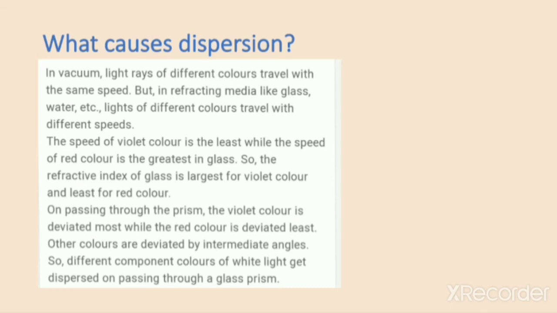Because of that, on passing through the prism, the violet color is deviated the most while the red color is deviated the least, and the other colors in between are deviated by intermediate angles. So different component colors of white light get dispersed on passing through a glass prism. This is the reason for dispersion.